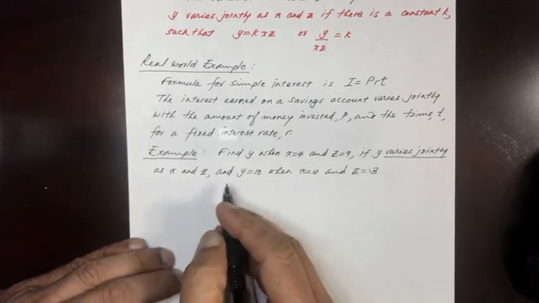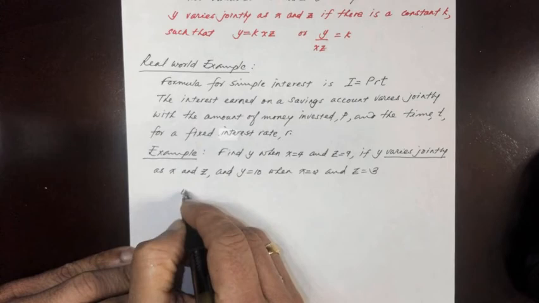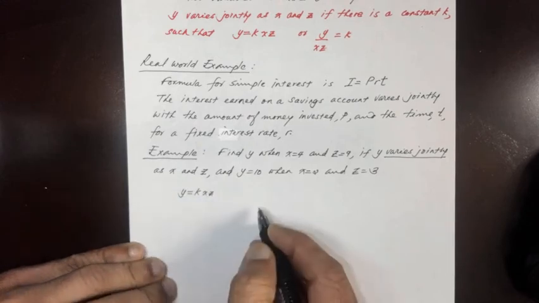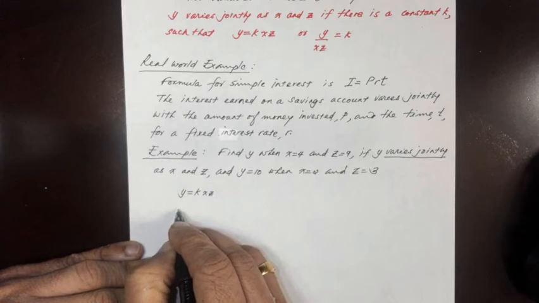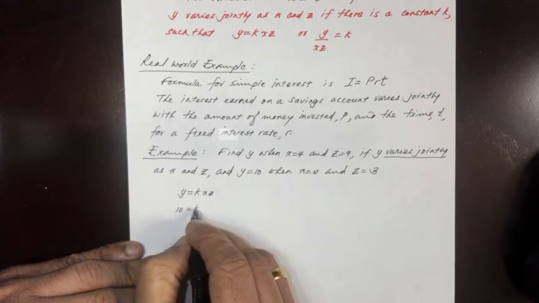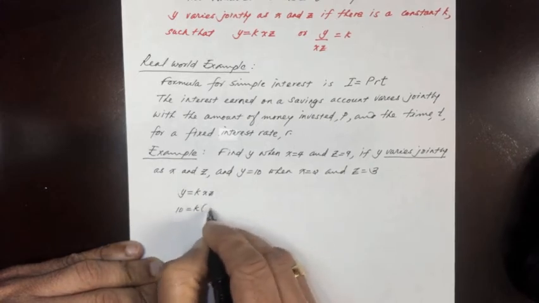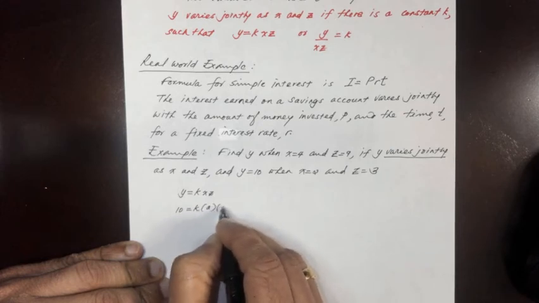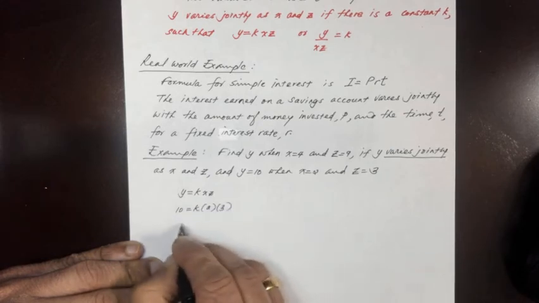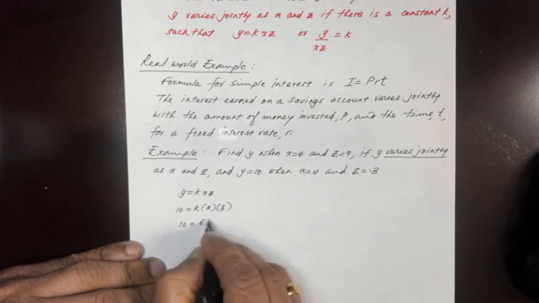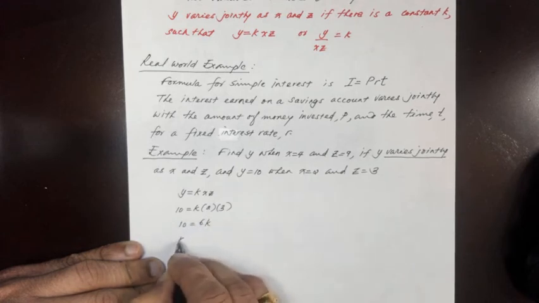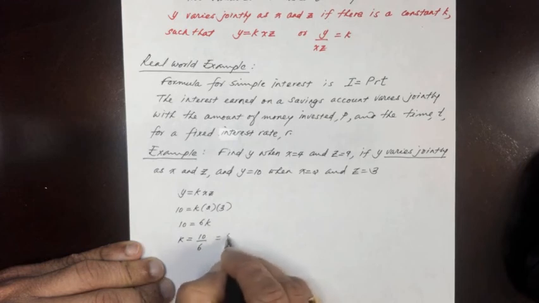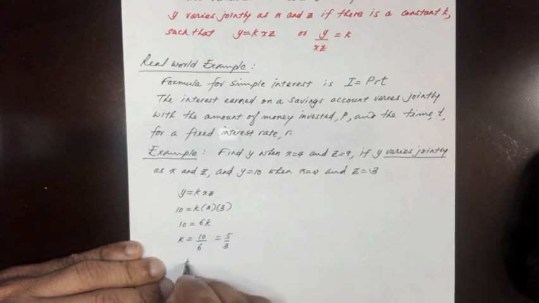We know the relation is y is equal to k times x times z, so 10 equals k times 2 times 3. So 10 is equal to 6k, or k is equal to 10 over 6, or 5 over 3. k is equal to 5/3.